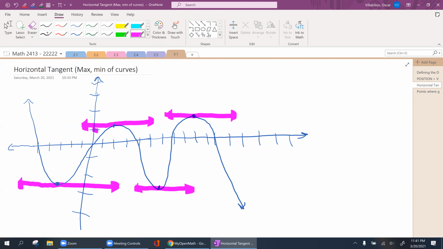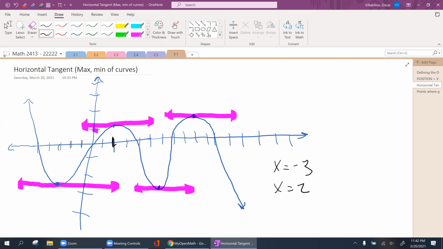If I were to ask you, give me the x values at which this function that I drew for you has a horizontal slope, that'll be at x equals -3. There's another one here at x equals 2.